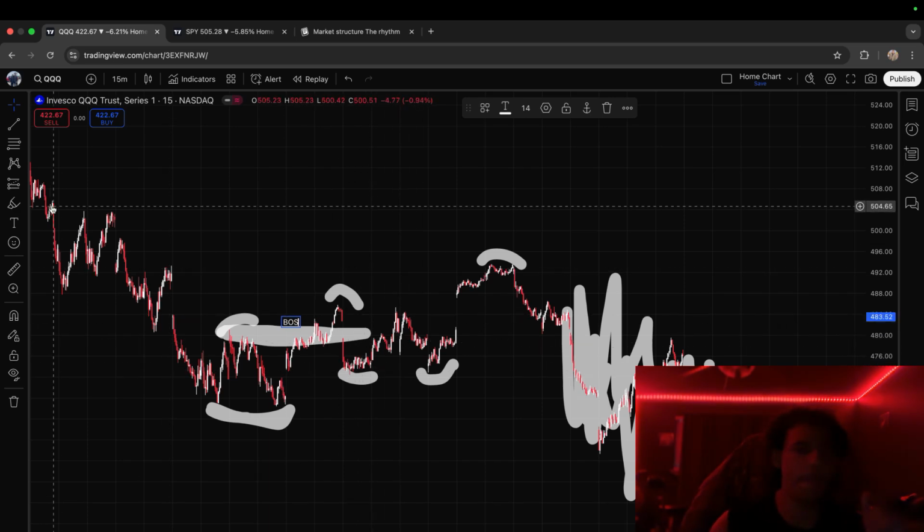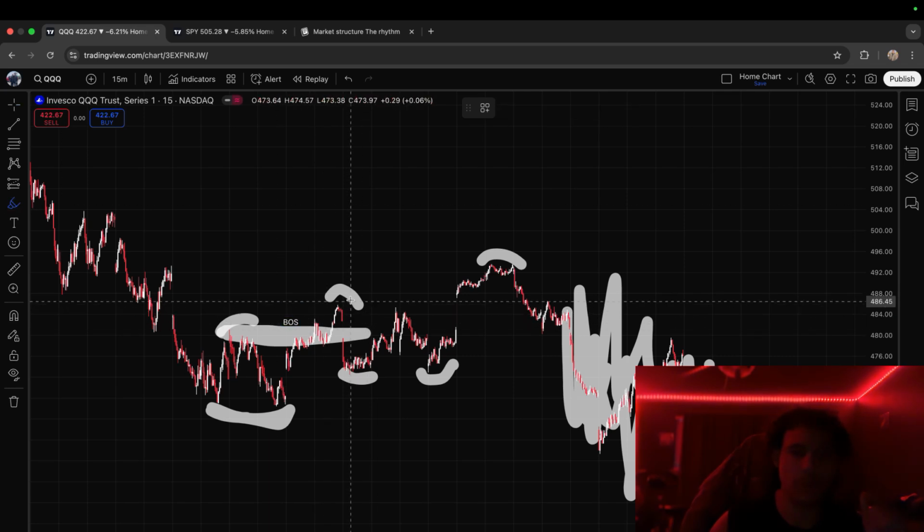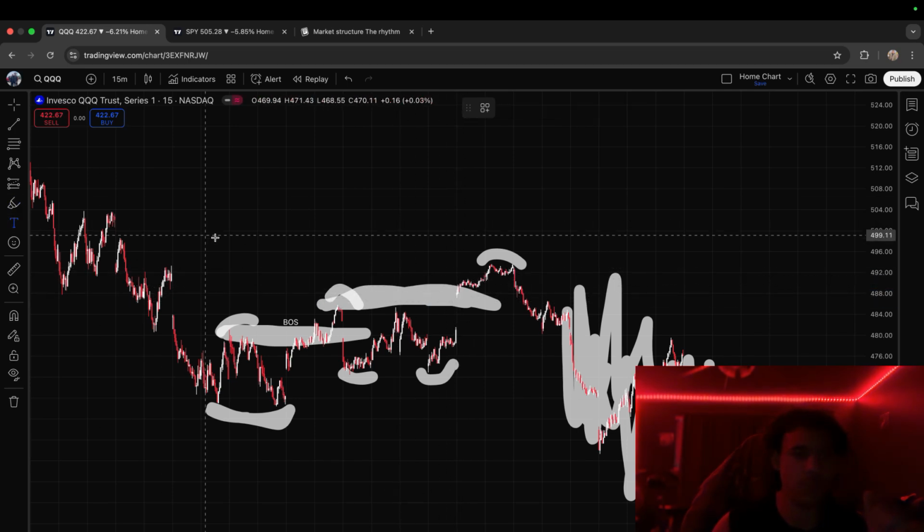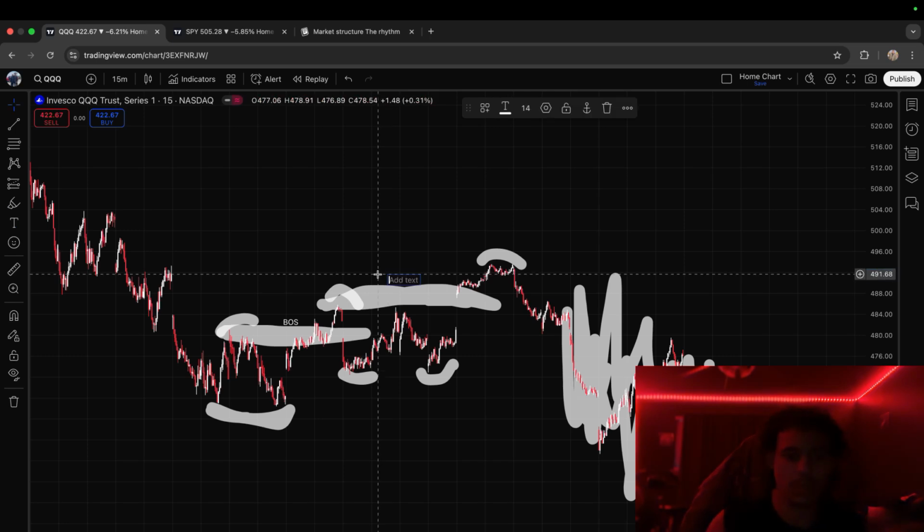So let's mark out another one. So where do we have a high and low? So we know this is our last higher high. So where do we break structure? Well, we can see we broke our high following the trend up here. So what is this? This will be another break of structure, right?